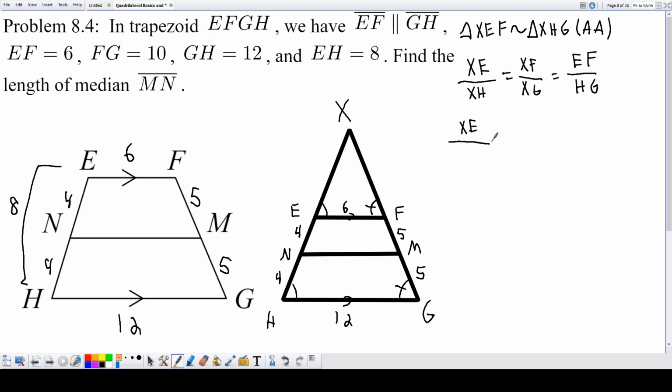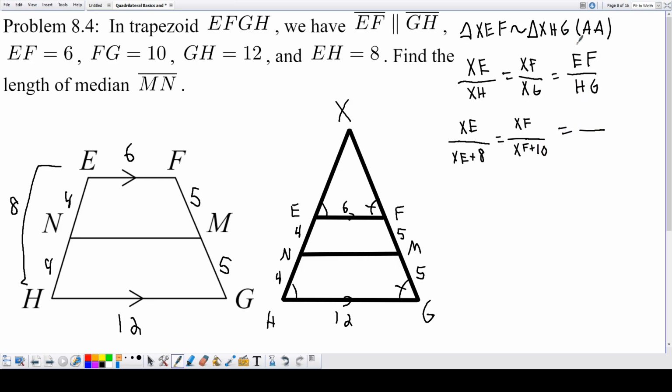Now, XE is what we're trying to find. But XH, do I know anything about that? Well, XH is the same thing as XE plus that additional side EH, which is 8. And similarly, XG is the length of XF plus the additional length of 10.